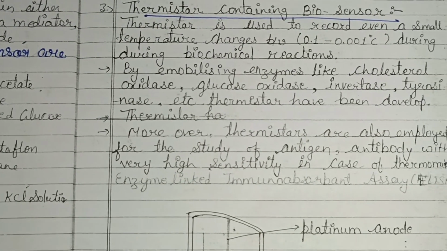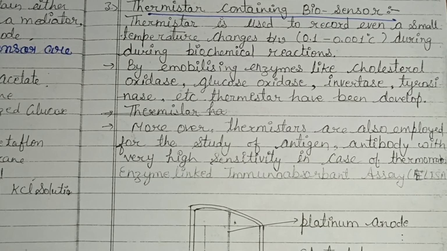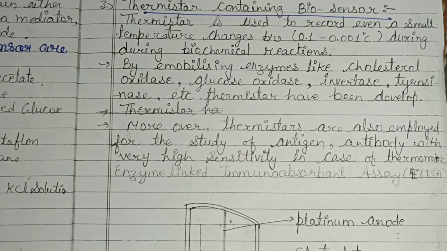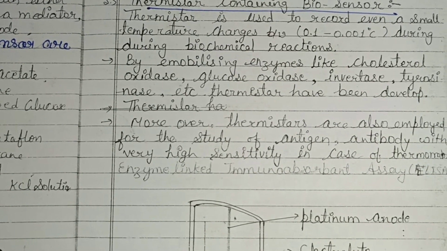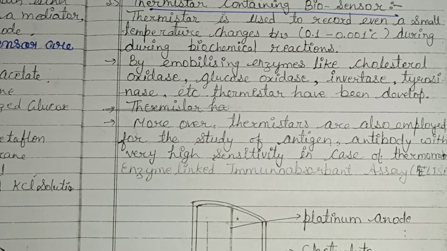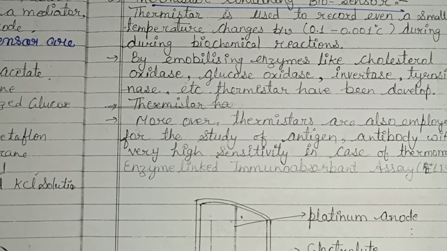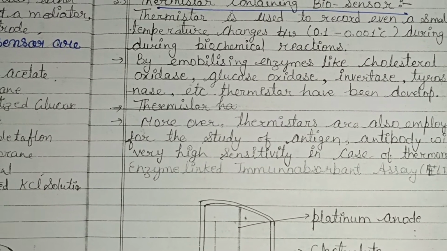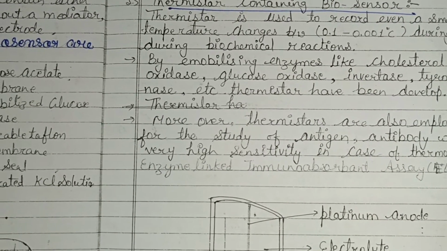Moreover, thermistors are also employed for the study of antigen antibody with very high sensitivity in case of thermostatic enzyme linked immunosorbent assay, that is, in the ELISA test we can say. In ELISA also thermistors are used for detecting the interactions between the antigen and antibody.